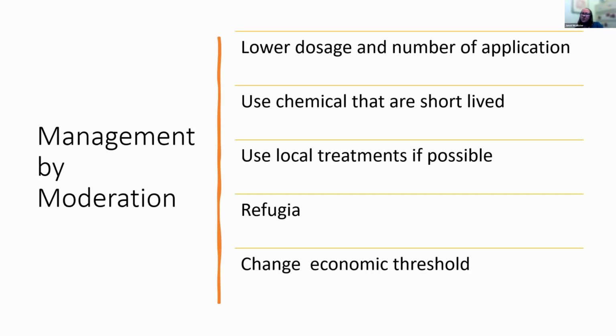Using local treatments if possible. They're really the basis of integrated mosquito management or integrated vector management: doing surveillance, looking at your mosquito populations. If you have very low populations and there's no disease transmission going on, perhaps you don't need to be treating as intensively as if you're at the height of a dengue outbreak or some other outbreak.